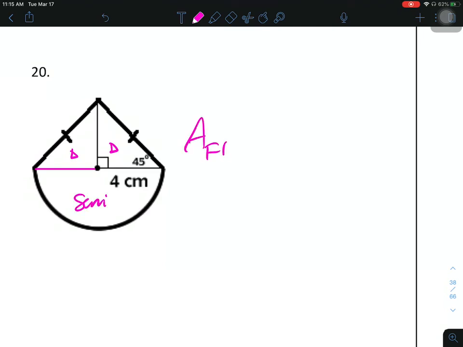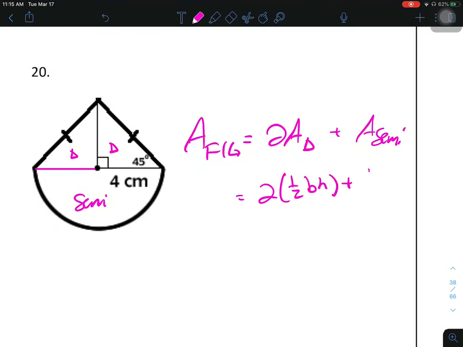So the area of this teardrop looking figure is going to be 2 times the area of one of those triangles plus the area of the semicircle. Area of a triangle is 1/2 base times height. Area of a semicircle is half pi r squared. Please note, 2 times a half cancels, so it's just the base times the height.